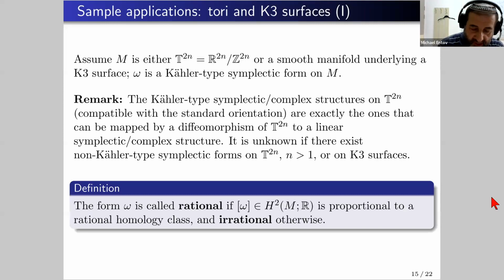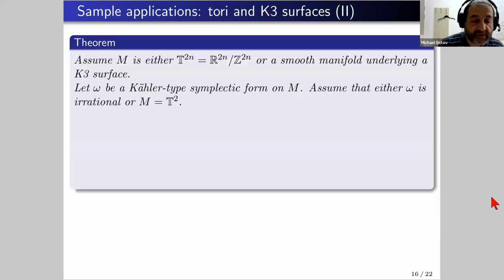So what can we say about the existence of Kähler-type embeddings for tori and K3 surfaces? Assume my M is either an even-dimensional torus or a K3 surface, and assume I have a Kähler-type symplectic form, and that either this form is irrational, or we are in the very elementary case when M is just a two-dimensional torus.